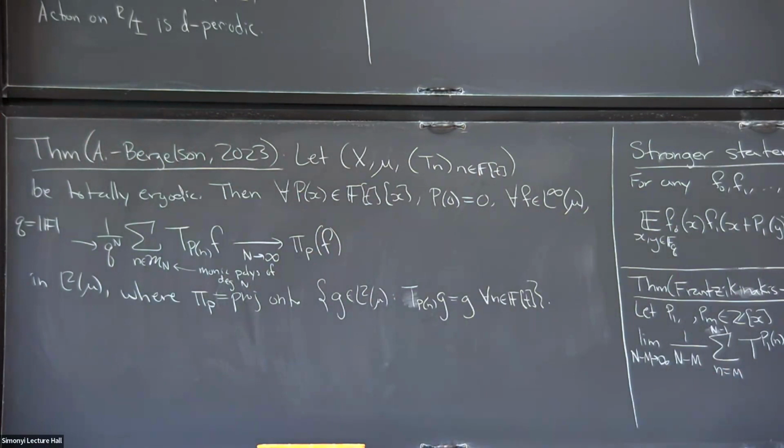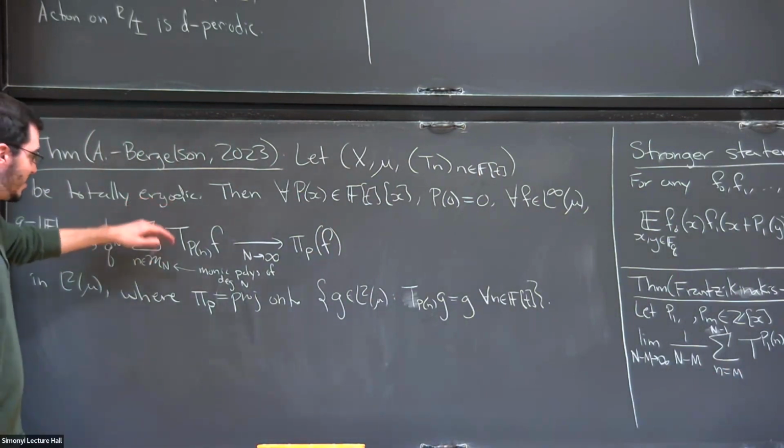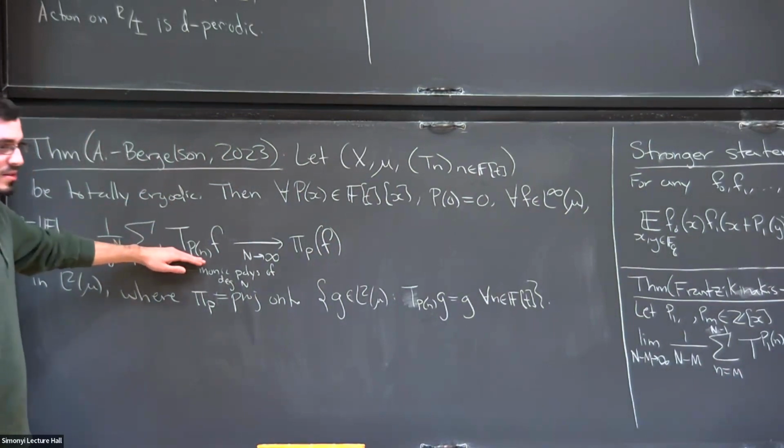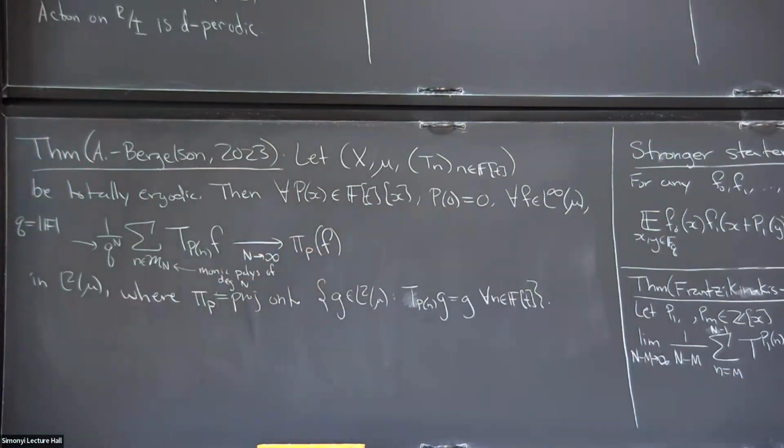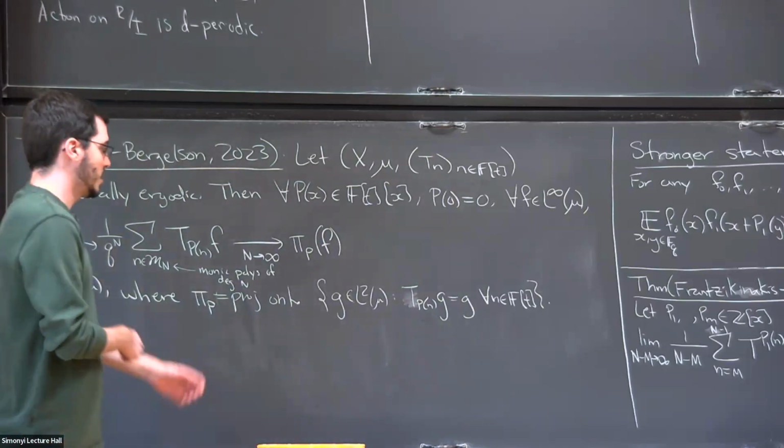And this will fail. So again, you can characterize total ergodicity by saying that the limit of all of these operators along polynomials converges to a projection for every polynomial. If the system is not totally ergodic, then it may not converge to a projection. Yeah.